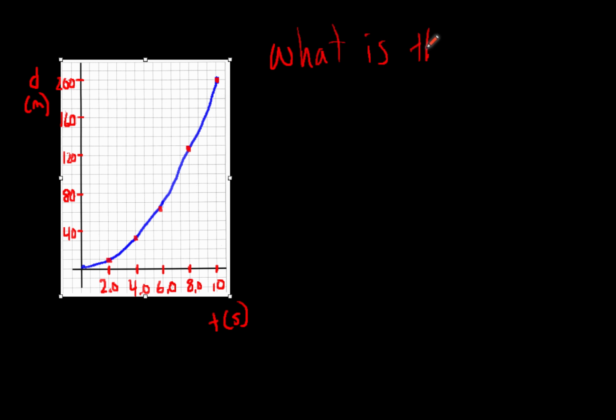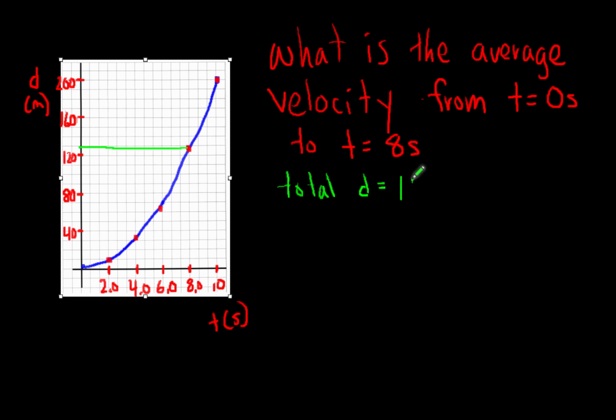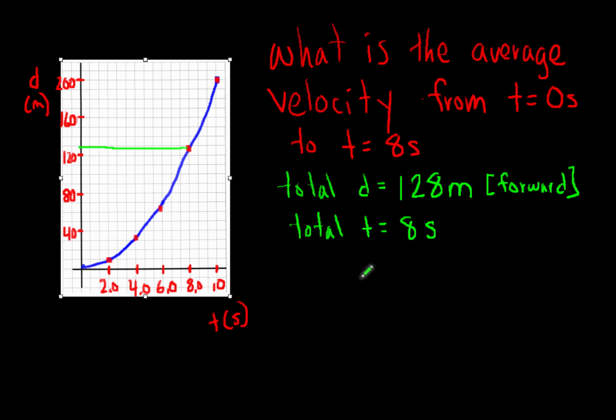Here's an example. I recommend pausing the video right now and drawing a picture of this example so you can write it down. What is the average velocity from time equals 0 seconds to time equals 8 seconds? To do this, we need to find the total distance, which is at about 128 meters forward. The total time is 8 seconds.